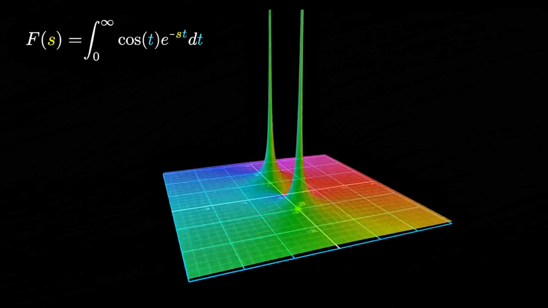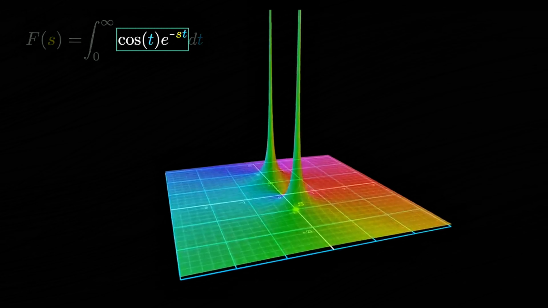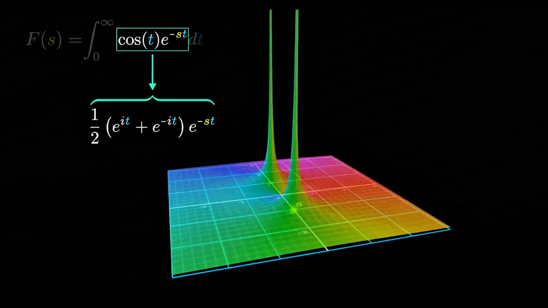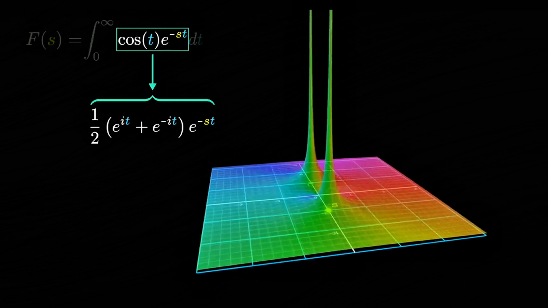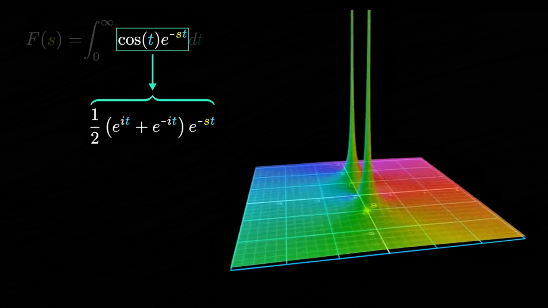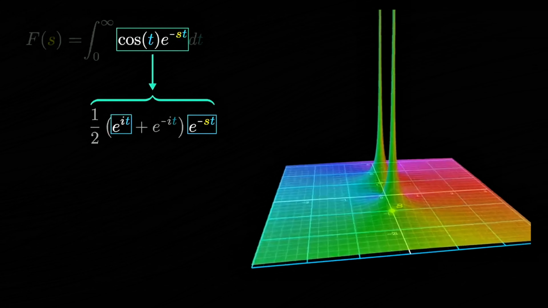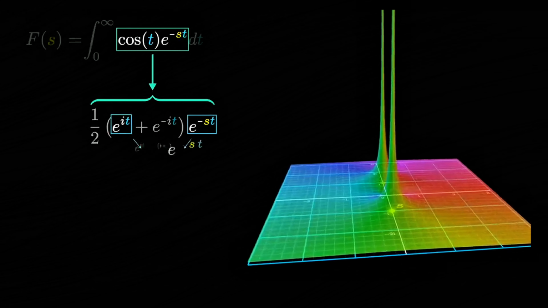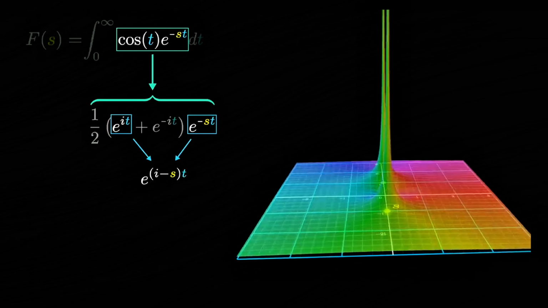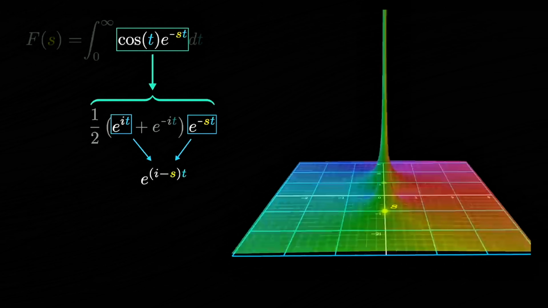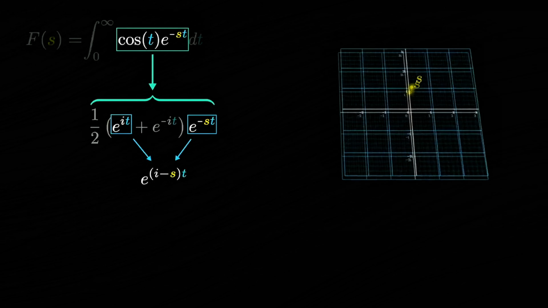And you can already get a little intuition by taking this example and substituting in the expanded expression for the cosine of t. Looking at this expansion, I want you to take a moment to think about the product of these two terms. When you multiply two exponentials, the contents of those exponents add together, so what you're left with is e raised to the (i minus s) times t.